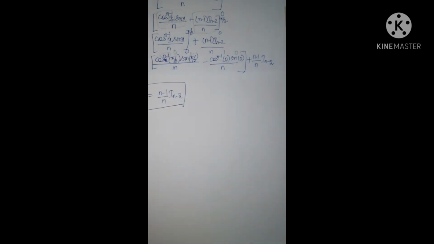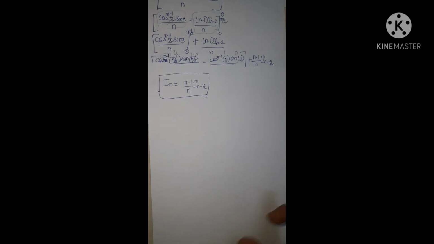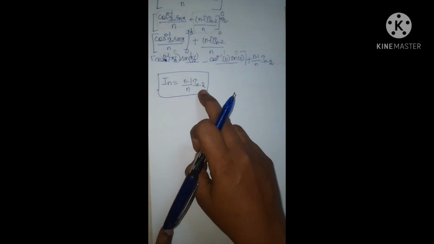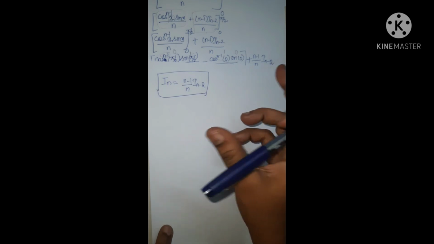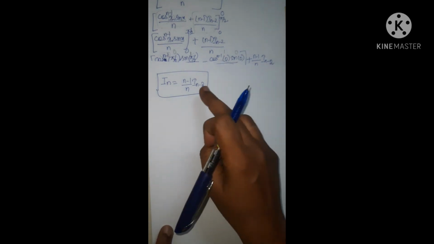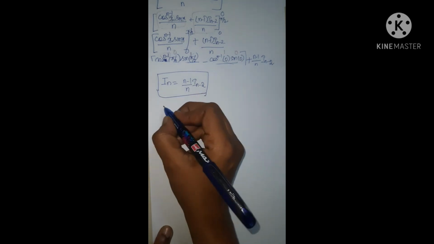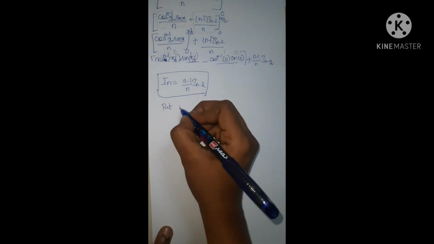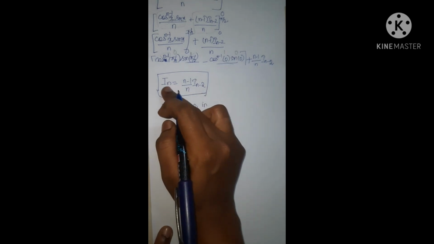Yes. So the problem will come to an end provided we know the value of I_(n-2), because I_(n-2) is still an unknown expression. So to find I_(n-2), what am I going to do? Put n equal to n minus 2 in this I_n expression.